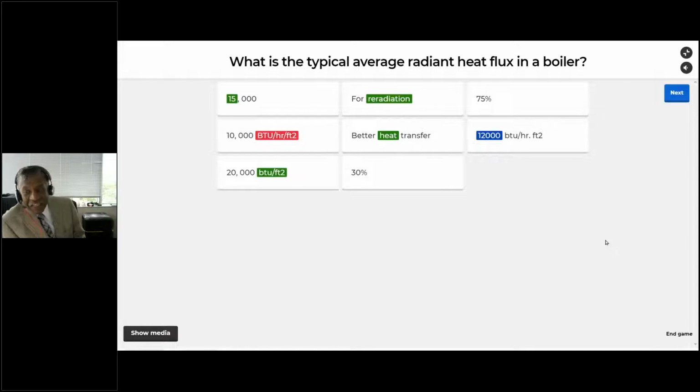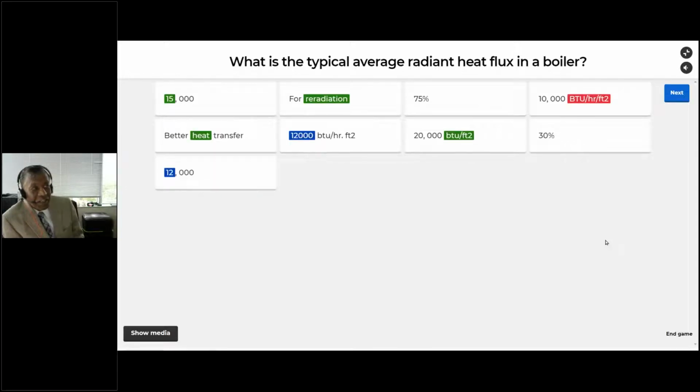The typical average radiant flux answers are good for fired heaters, but in boilers, we go anywhere between 40,000 to 80,000 BTUs per hour per square foot.